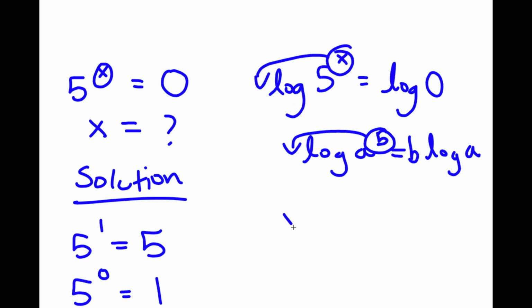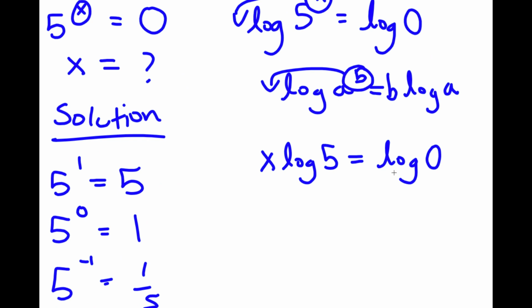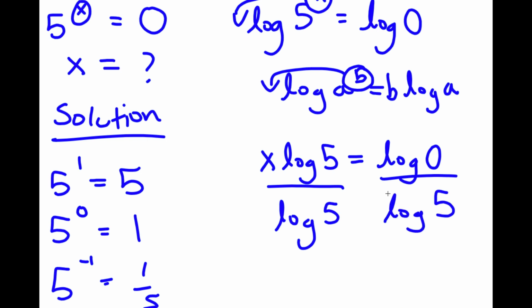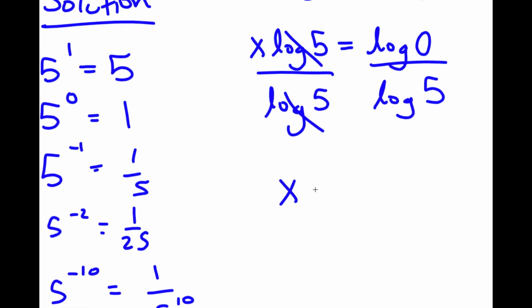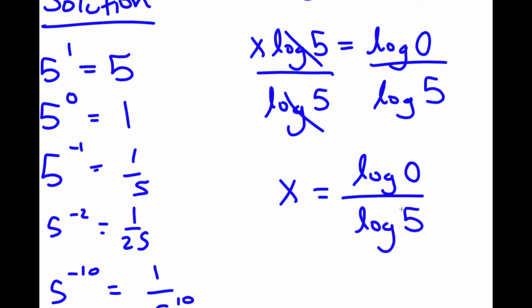So now I have x times log 5 is equal to log 0. Now, if I divide both sides by log 5, these two cancel out, and I get x is equal to log 0 over log 5.